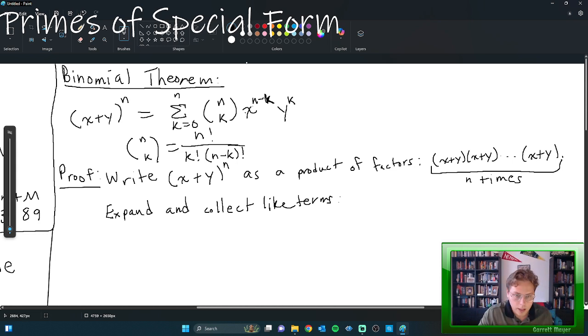Each term in your final formula is going to arise by choosing x or y from each factor. So you go into each of these factors, and when you're multiplying them out, you choose x or y, n times.